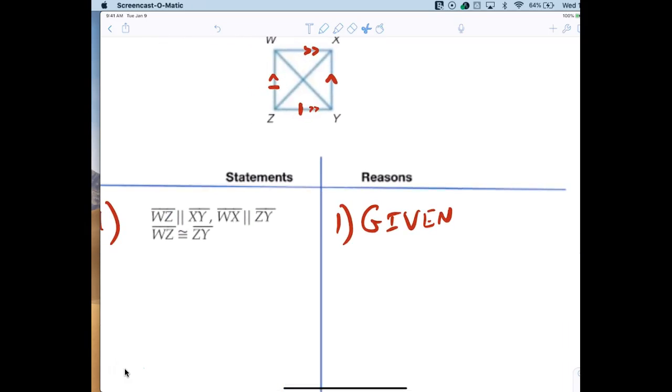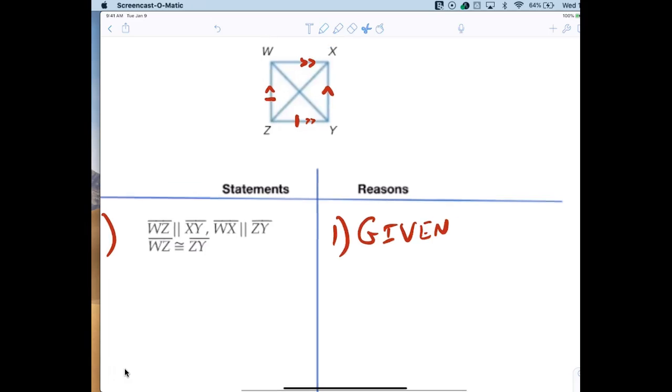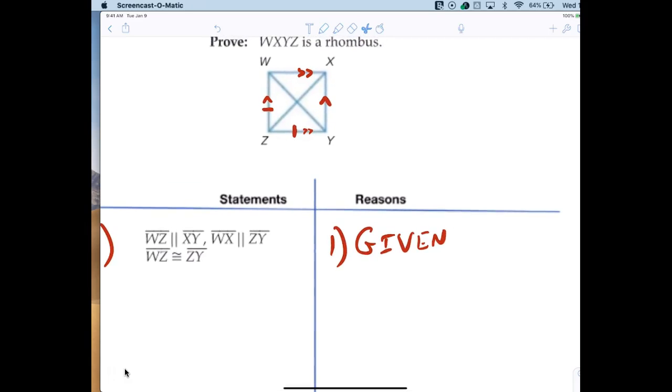ZY is congruent to... why is that? No, that's okay. It's a good start. Tell me. Opposite sides of a... Well, the problem is I said something to it first. I shouldn't have. I should have just let you guys tell me. First thing, it is a what? You got to say it's a parallelogram.